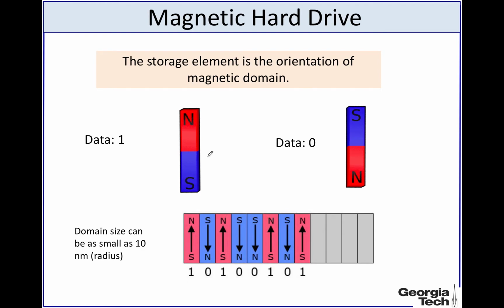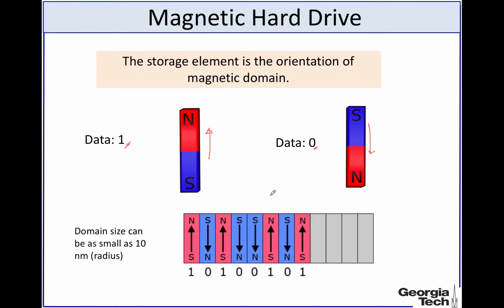Now if the orientation of this magnetic domain is like this, such that the magnetic dipole moment is from bottom to the top, let's say this represents a data value of 1. On the other hand, the opposite orientation of this magnetic domain represents a data value of 0.